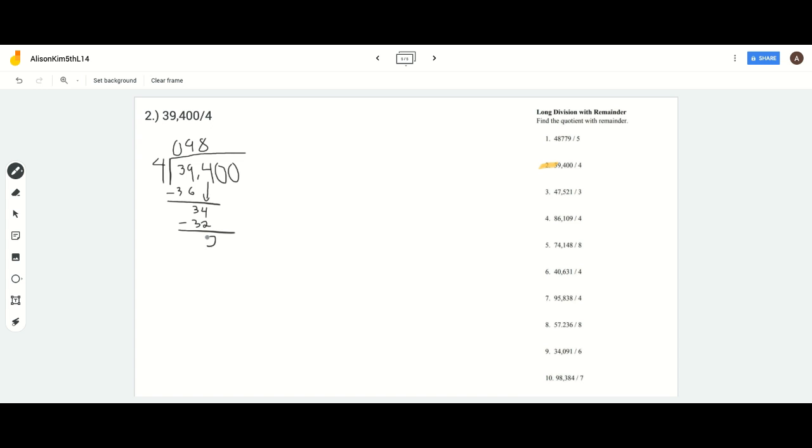We get 2 right here, and then we bring down the 0. 4 goes into 20 5 times, because 5 times 4 is 20. So we get 0, and then we bring the 0 down again. And it's just 0. It looks like this one doesn't have a remainder.